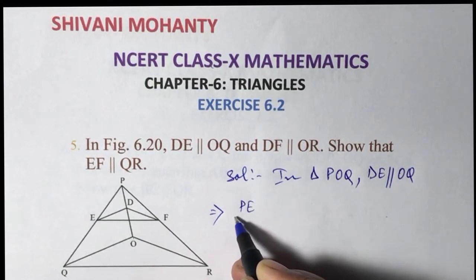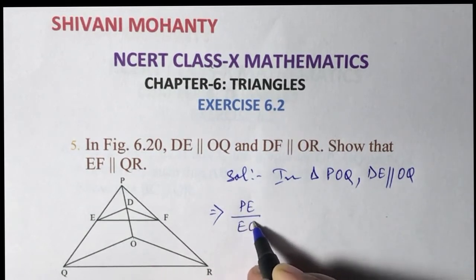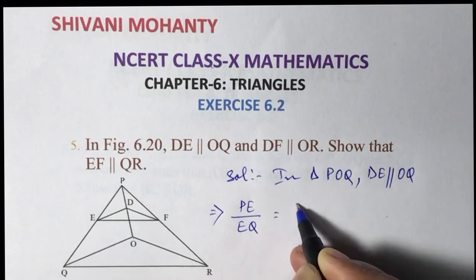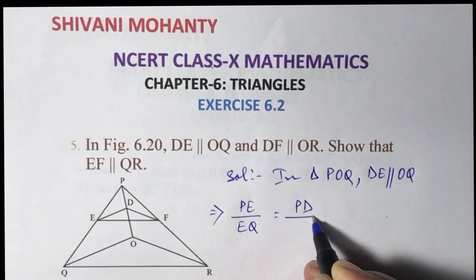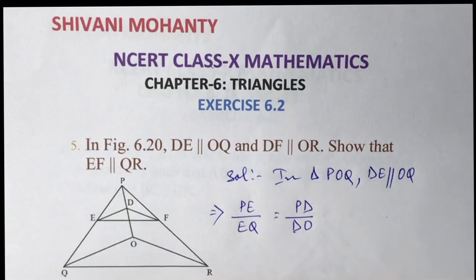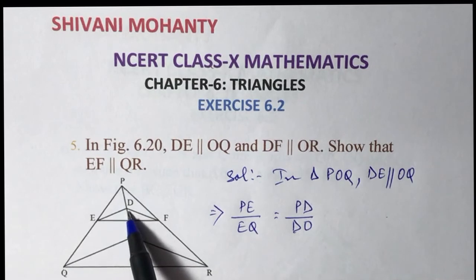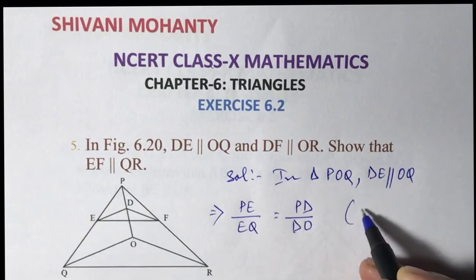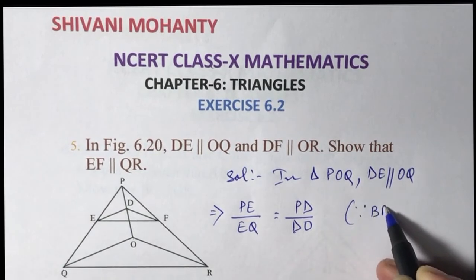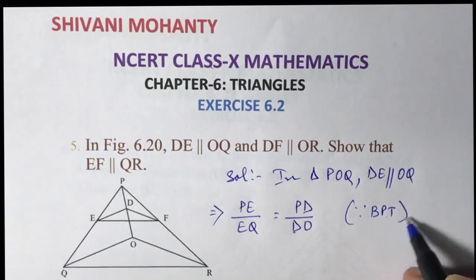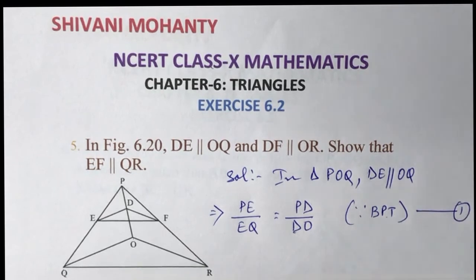It tells us that PE by EQ is equal to PD by DO. Yes or no? PE by EQ is equal to PD by DO. Okay. Reason? BPT, basic proportionality theorem. Name it as equation number 1.